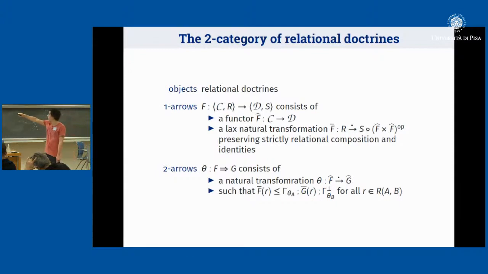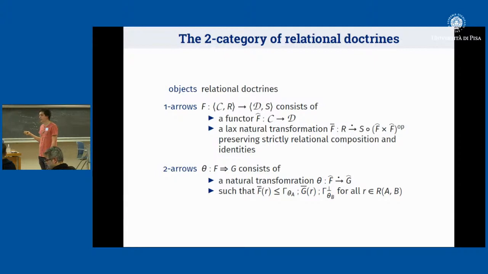Of course, this is important: we require the second component of one-arrows to preserve relational composition and identities in a strict way. This is not very usual for relational liftings because they require to preserve composition and identities in a lax way. But in this setting, it's better to work in this way because otherwise there are some compositions which fail in the category of monads.